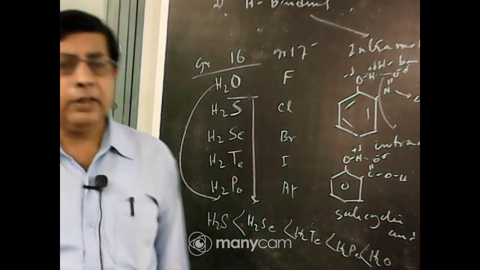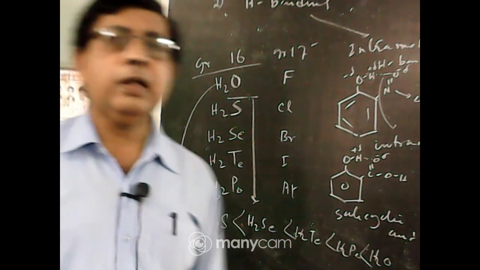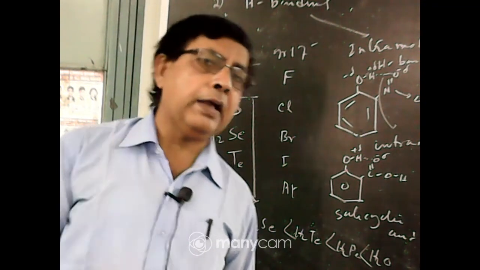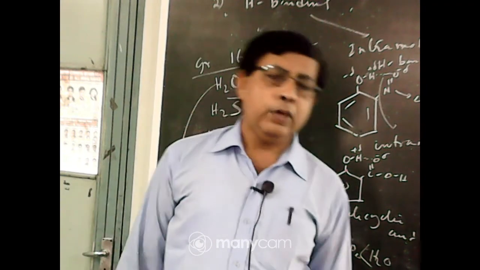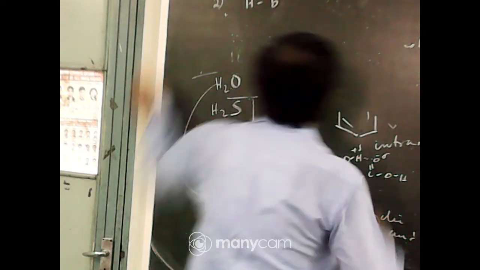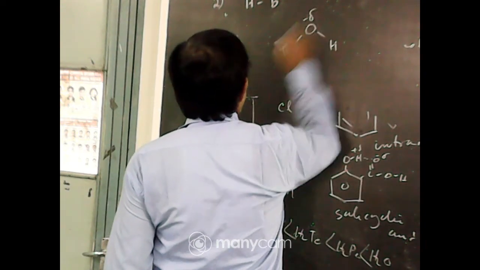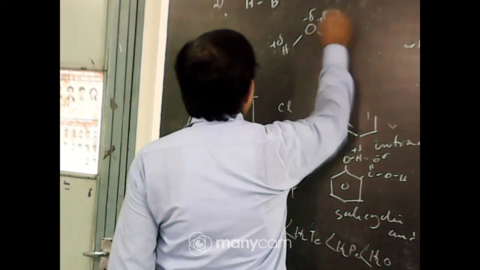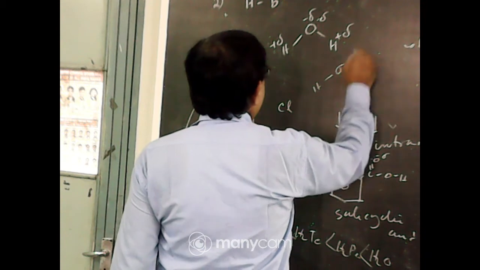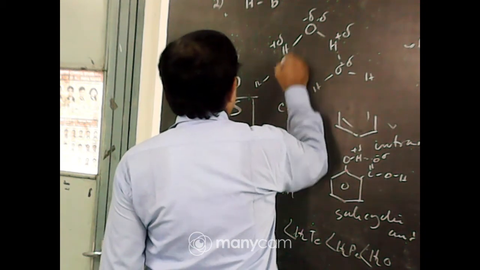At room temperature you have observed that H2S is a gas, but H2O is a liquid. That is, at room temperature water has a higher melting point than H2S. This is due to the presence of hydrogen bonding. If we consider the structure of water, O, H, H, here negative, here positive. This is another water molecule. Here negative, so a hydrogen bond is formed. This is another water molecule. Here positive, so a hydrogen bond is formed.